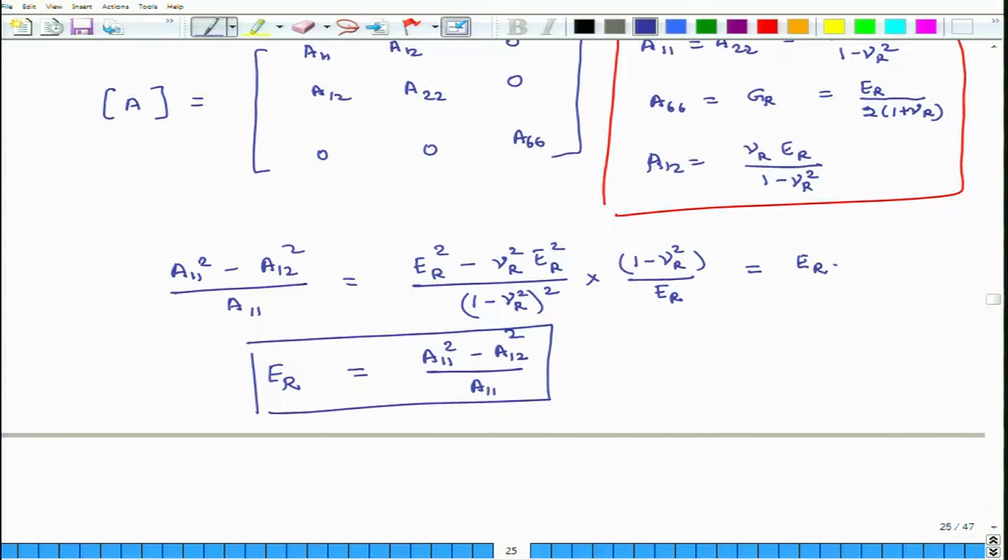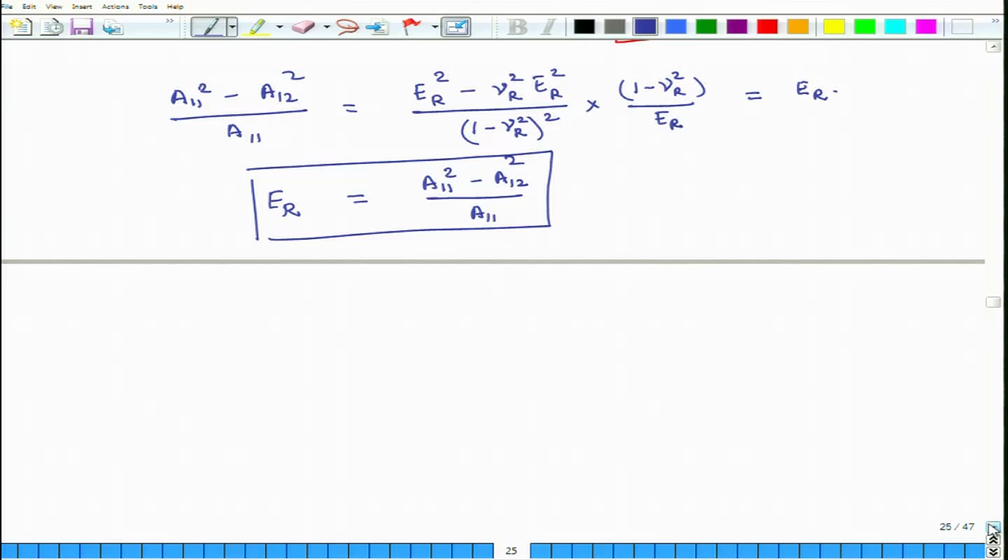Okay. So, if for a quasi isotropic laminate I know A11, A12, then I can say that A11 square minus A12 square divided by A11 will be the Young's modulus of a randomly oriented mat. Okay. Next we will see how G works out.